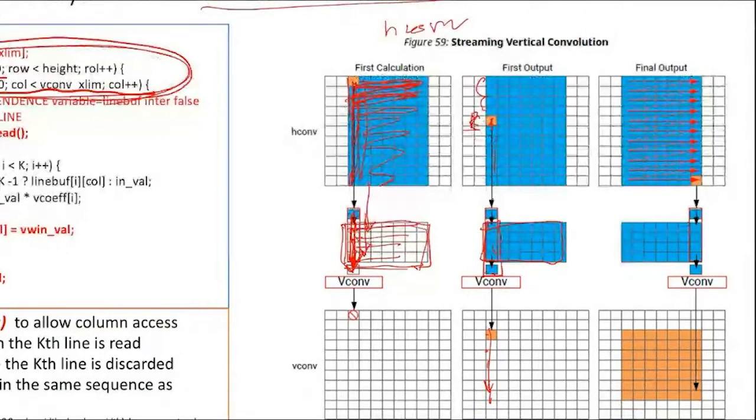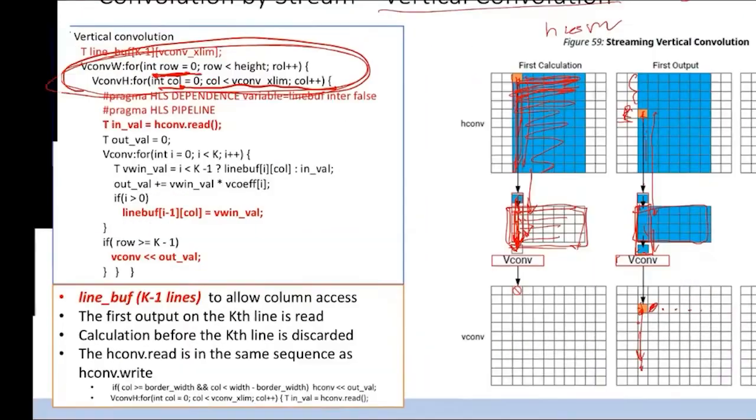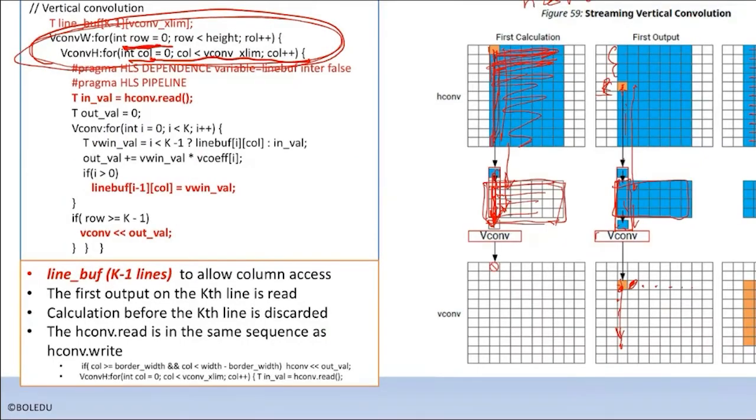Here you get 5 elements, do the vertical convolution, and then you come down here, do the shift out, and calculate another convolution, in this order. So you can study the code really carefully. The key thing is you need k max minus 1 lines for the line buffer.